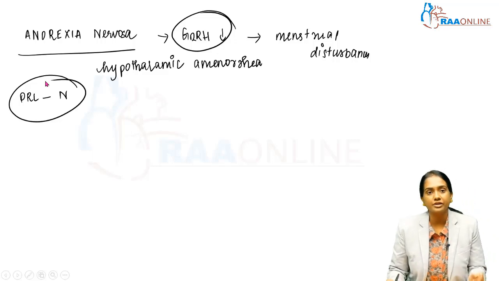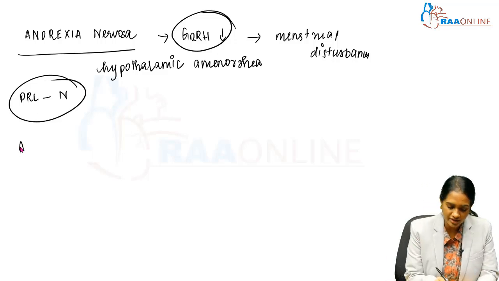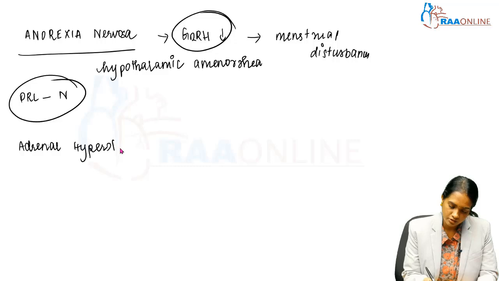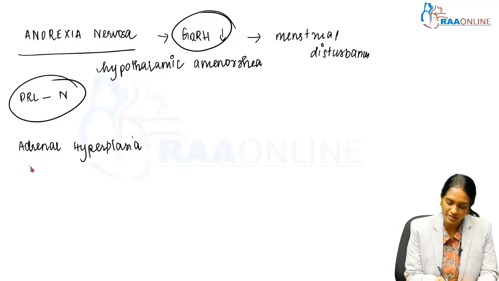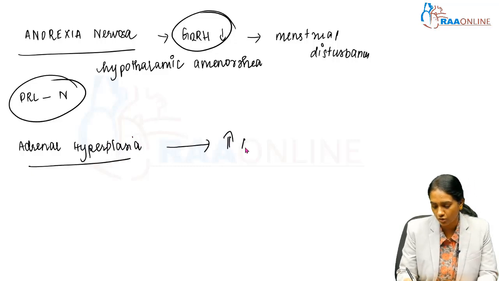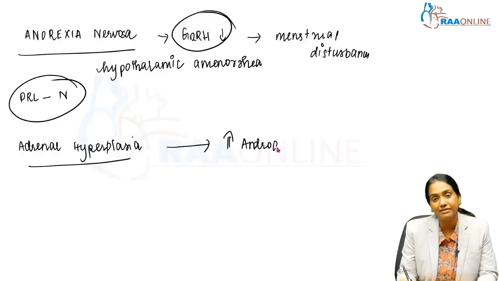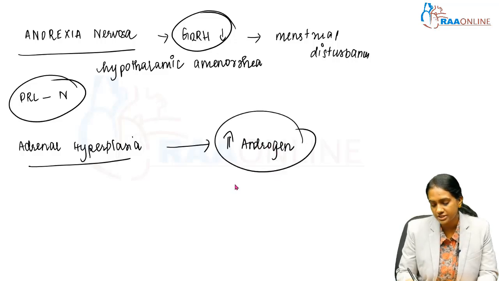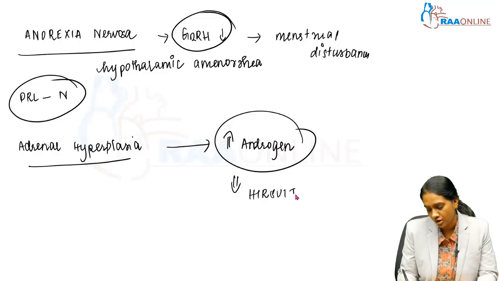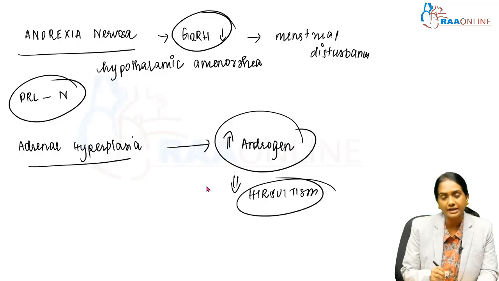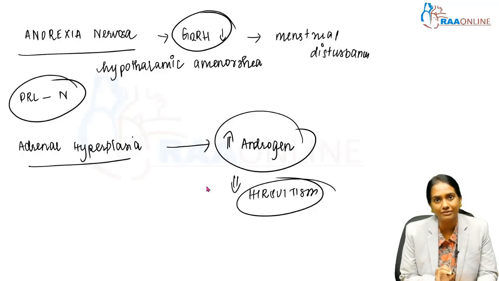The next option was adrenal hyperplasia. There is increased production of androgens, but the prolactin level is normal. Because of the increased androgens, the patient should have presented with hirsutism features, which are not seen. And in adrenal hyperplasia, usually the prolactin level is normal.